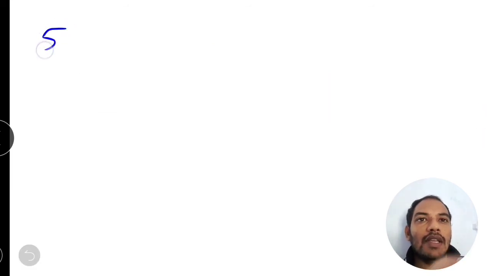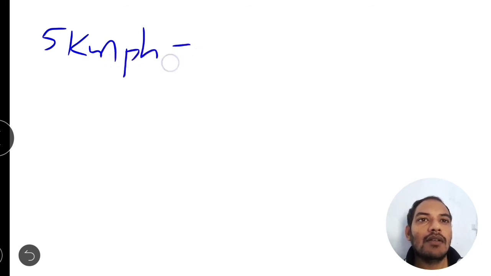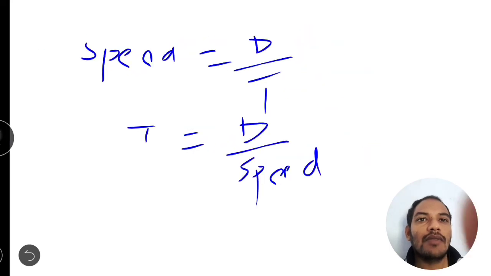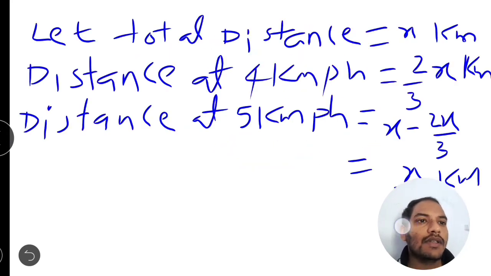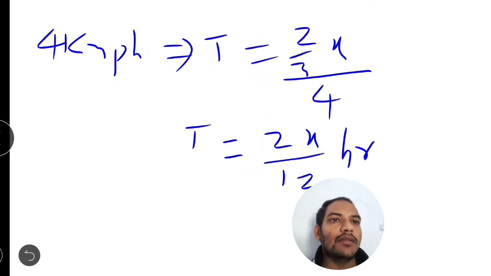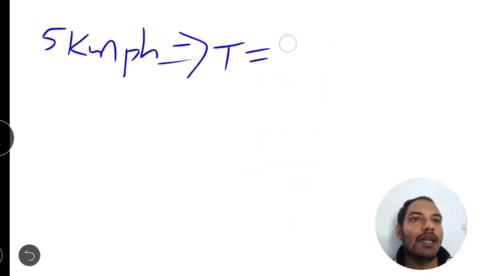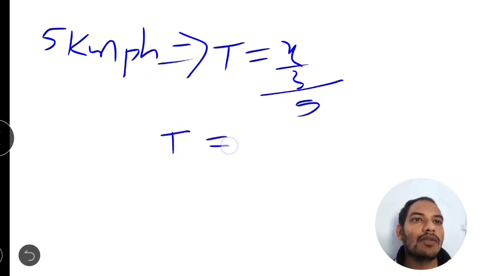Next, at 5 km/h, what is the time taken? Time equals distance divided by speed. The distance here is x by 3, and the speed is 5 km/h. So time equals x by 3 times 5, that is x by 15 hours.